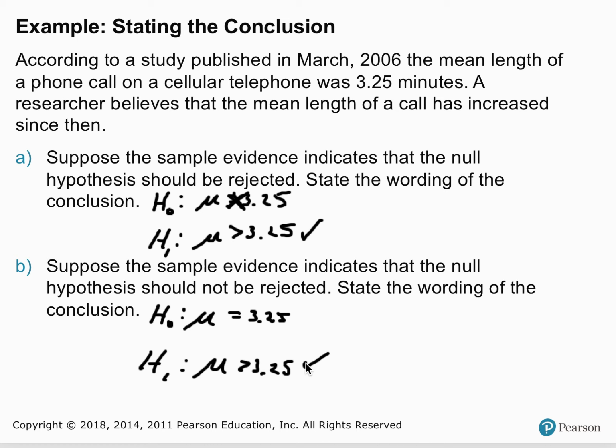Down here, I cannot reject the null hypothesis. All that means is there's not sufficient evidence to say it's more than 3.25. I don't know if it's still 3.25 or not. I couldn't prove it's not.